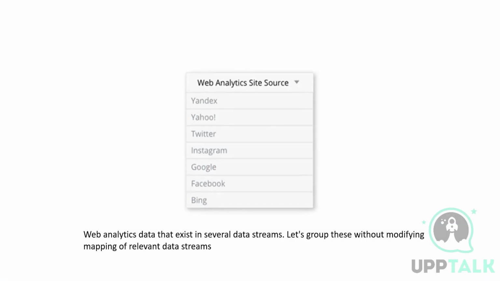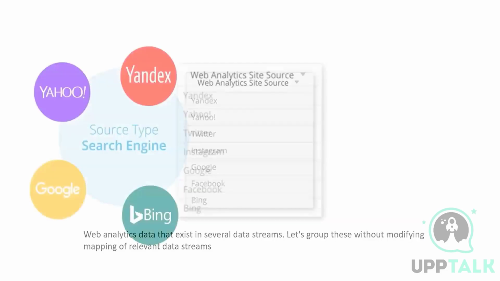We just want to group these components of the column without tampering with the data stream. We don't want to tamper with anything, we just want to group the site sources.